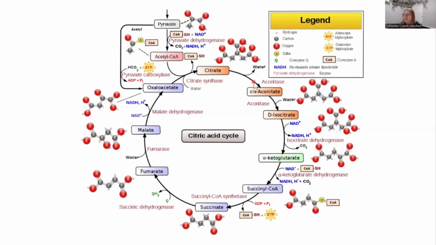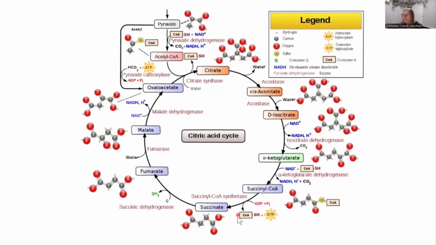Citrate is then turned into cis-aconitate. The enzyme that did that is aconitase, which is then turned into 2 more, 3 more, 4 more intermediaries. Each of those is catalyzed by an enzyme that tells you what it does. Look, in dehydrogenase, we're removing a hydrogen ion and an electron again.